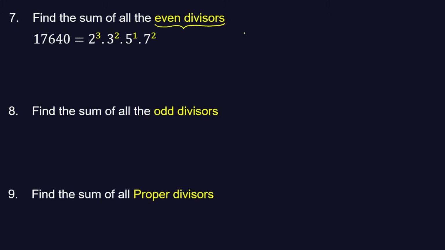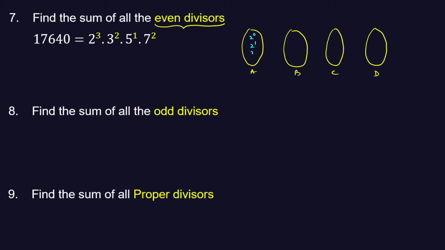Now, for that, let me first draw the 4 sets again. This set method helps us a lot. Okay, so these are my 4 sets: A, B, C and D. Here there are the elements 2 to the power 0, 2 to the power 1, 2 square and 2 cube.